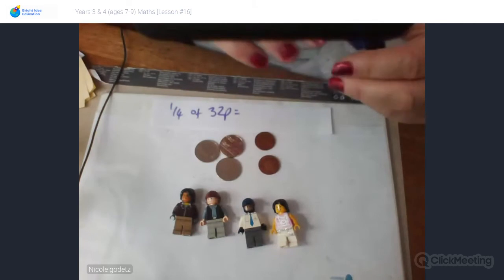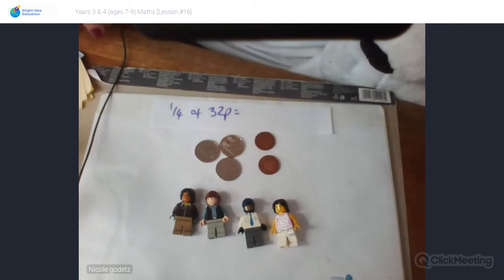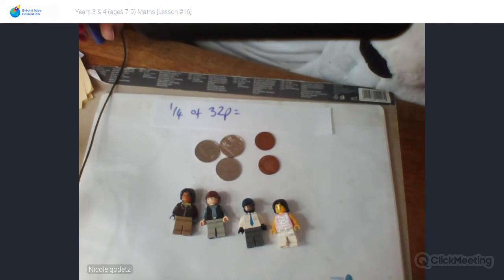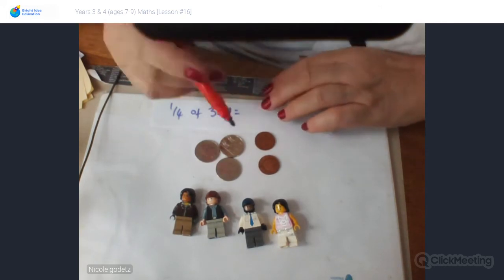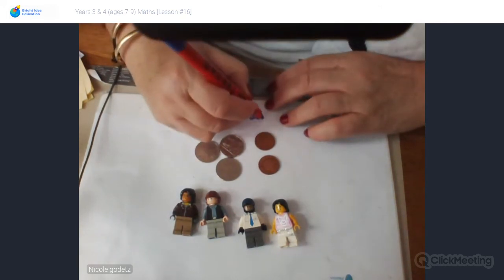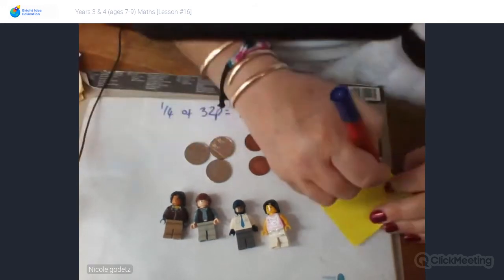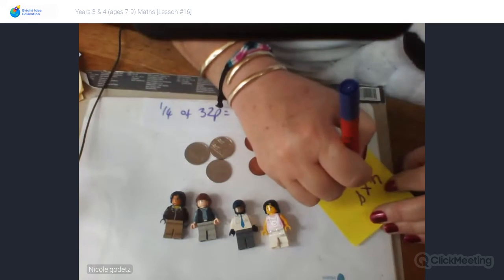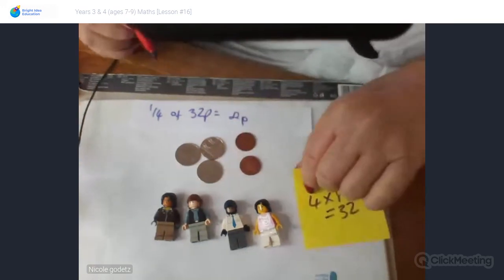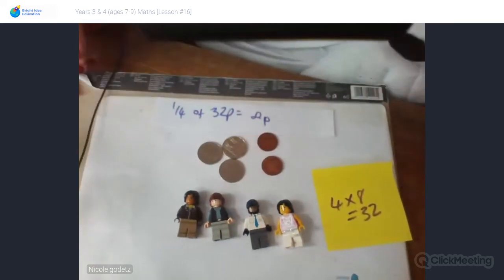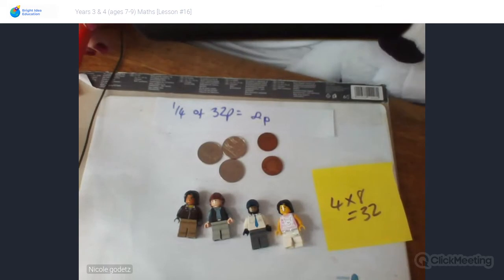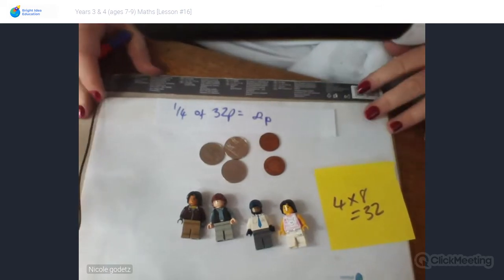We need to know our tables. No, 4 4s are not 32. 4 1s are not 32. No. 4 whats of 32. 4 8s. Oh, upside down 8. 4 8s are 32. 4 times 8 equals 32. So 1/4 of 32 is 8.